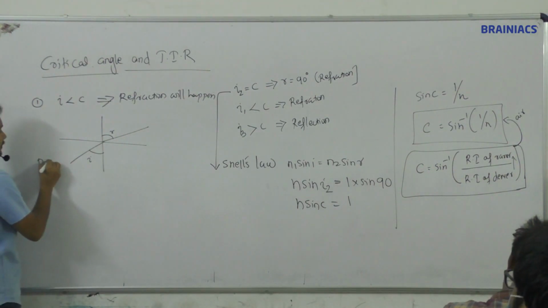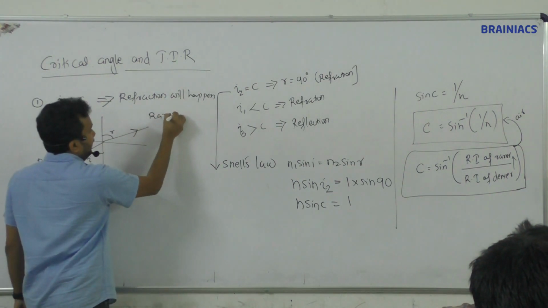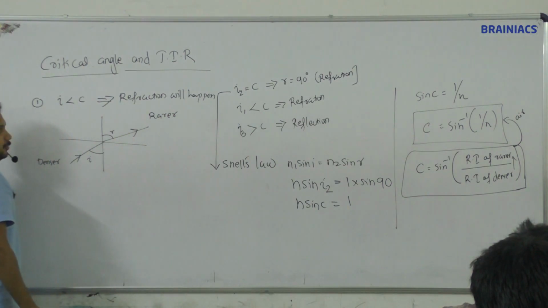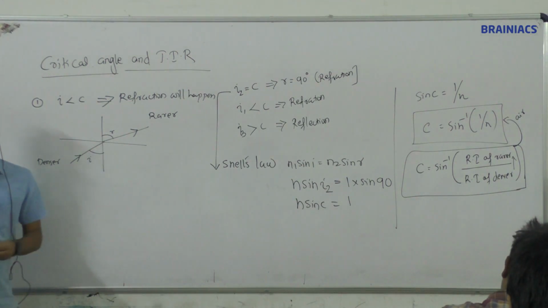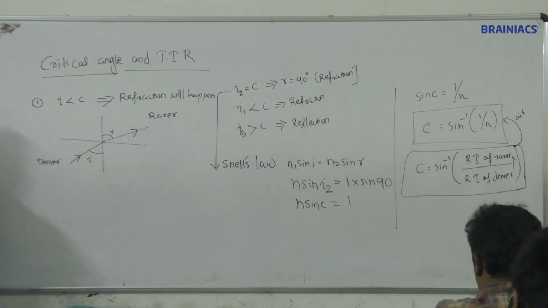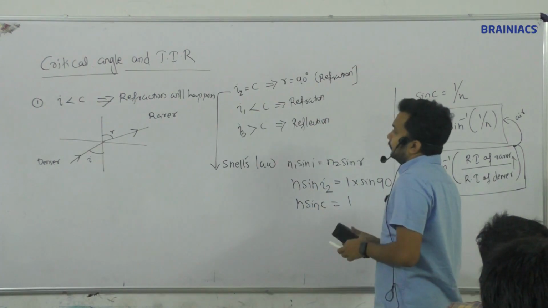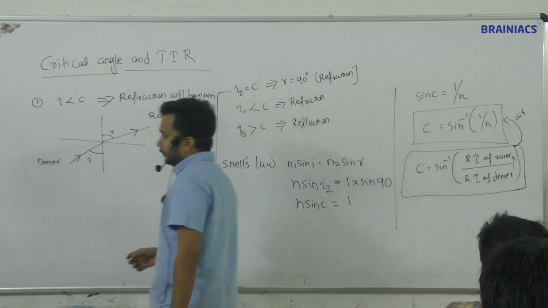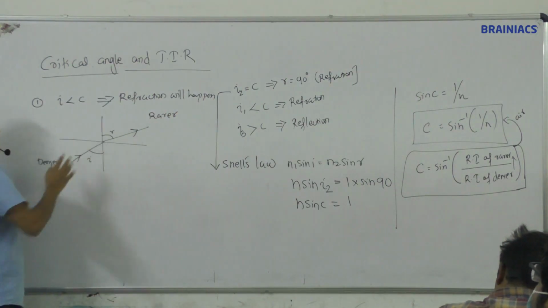We have to mark this as the denser medium, going to the rarer medium. I is less than C, refraction will happen. Number 1: I less than C, refraction will happen from denser to rarer medium.